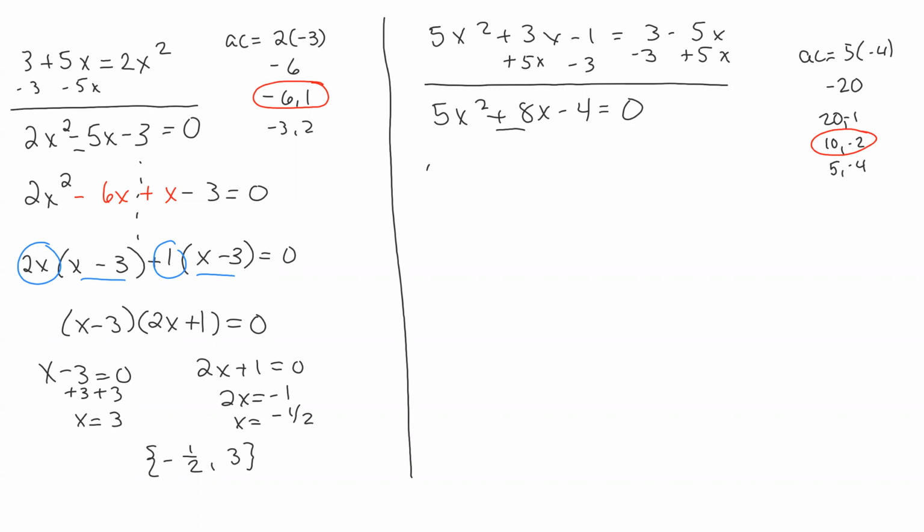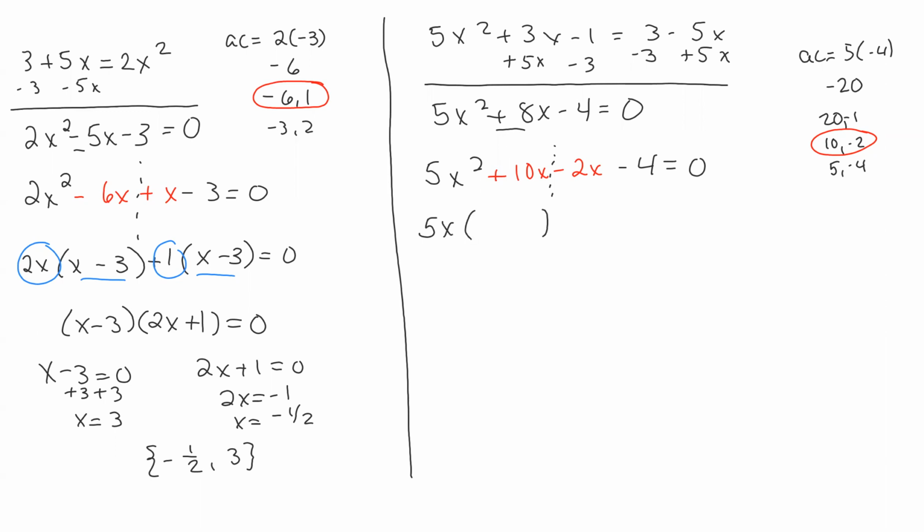So I'm going to rewrite this polynomial. I get 5x squared, and then instead of 8x, I'm going to write it as plus 10x minus 2x, and then I'm going to write down the minus 4 equals 0. So I factor by grouping. Looking at the left, I have 5x squared plus 10x. My GCF is 5x.